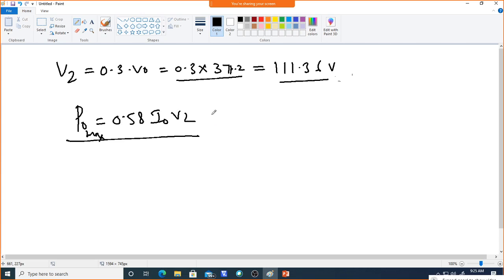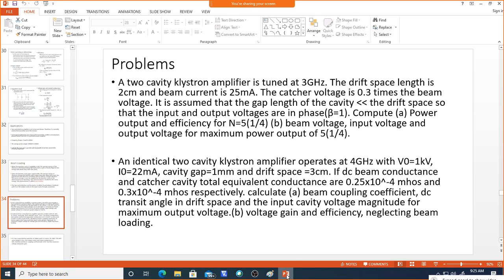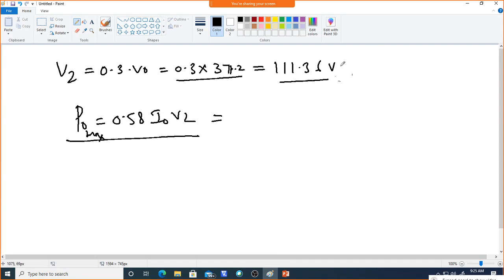Take this and the beam current which is given. What is I0? 25 milliamperes. So substitute and you will get V2 into I0, and you will get the maximum power output. How much is the maximum power output? It is 0.58 into 25 milliampere into 111.36.